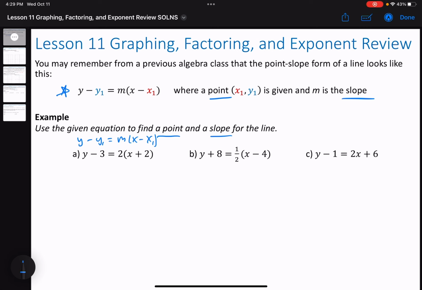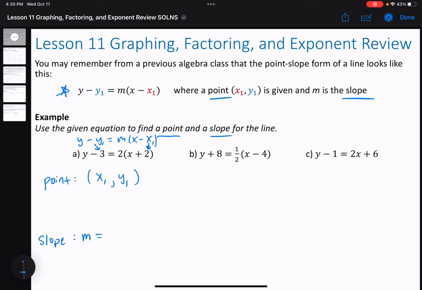We're going to see what lines up. We want to figure out what the point is, which is going to be in the form of x1, y1, and what the slope is, which is going to be m.